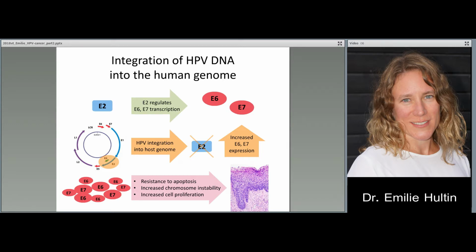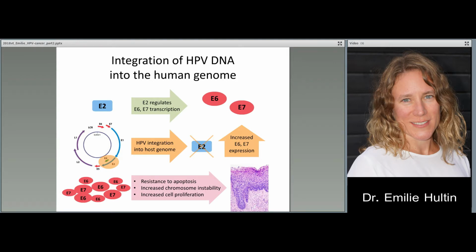But why are these E6 and E7 oncogenes in some HPV types? What happens is that, in the beginning, when we have a new HPV infection, we also have the HPV gene E2.